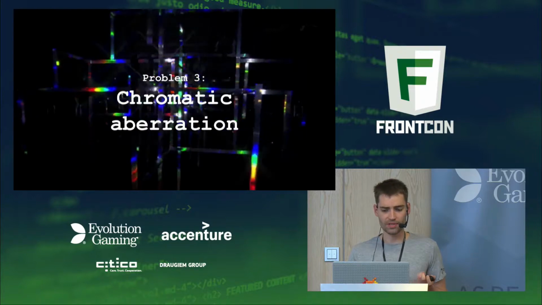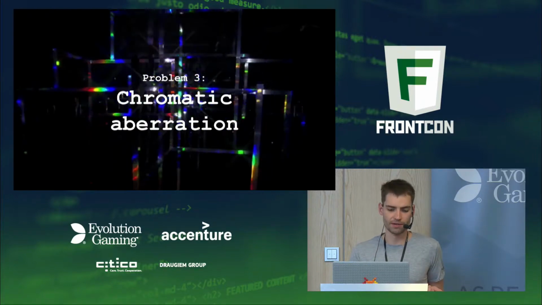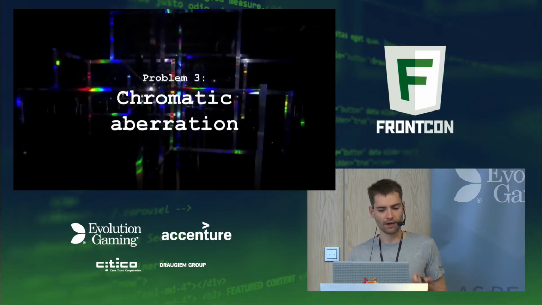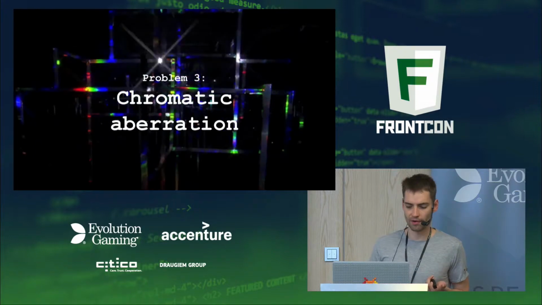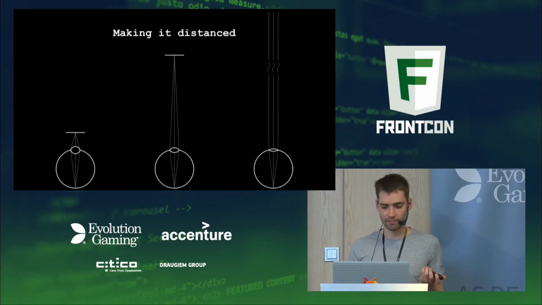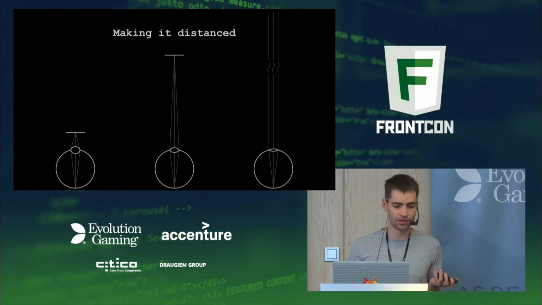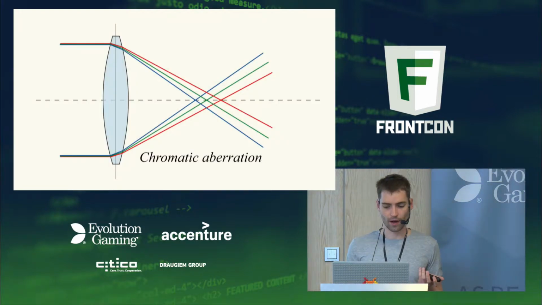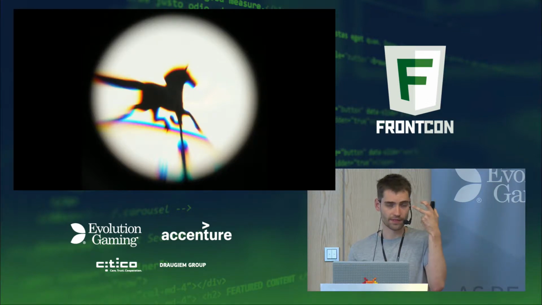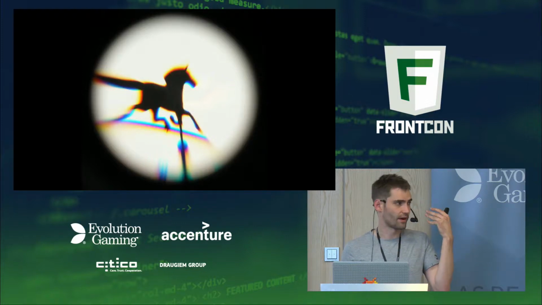And problem number 3 is chromatic aberration. This is a minor one, but still, a really nice virtual reality experience is not possible without chromatic aberration. Chromatic aberration is an effect which happens because of light distortion in the eye, and it basically looks like a rainbow effect on the edges of your field of view.